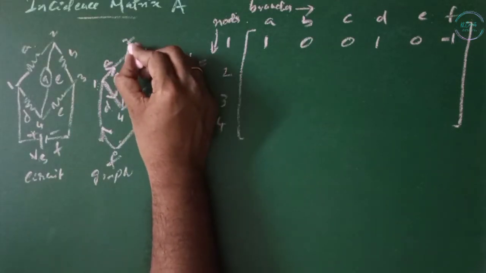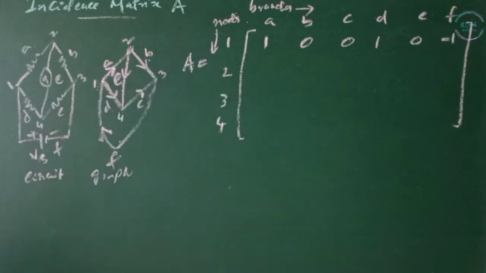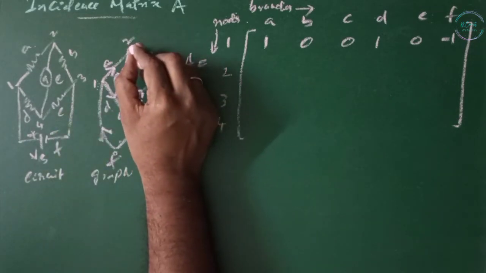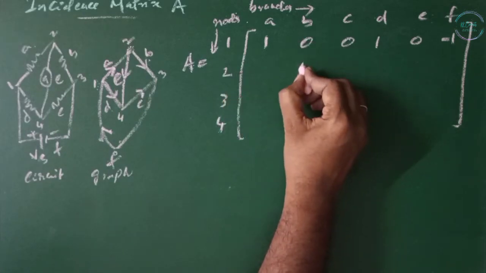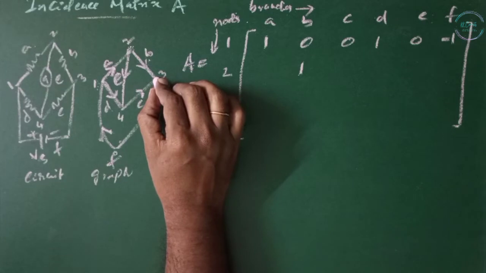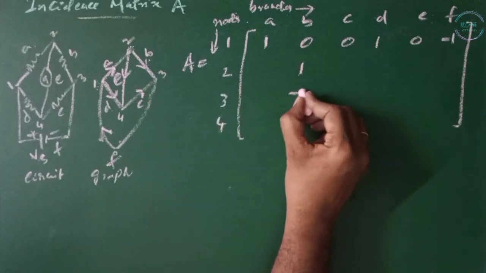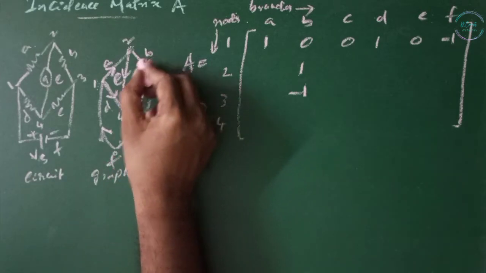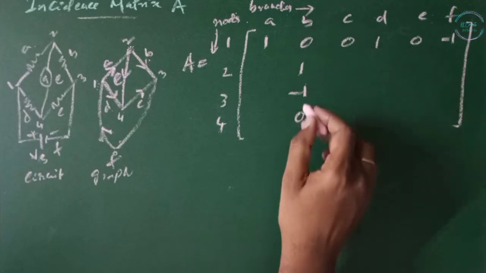Now I am considering the branch B. B is going away from 2, so for B at 2 it will be +1, and B is coming towards 3, so at 3 it is -1, and B is not connected to 1 and 4, so those are zeros.